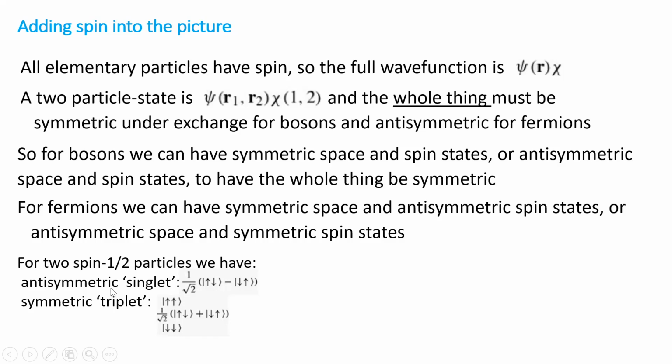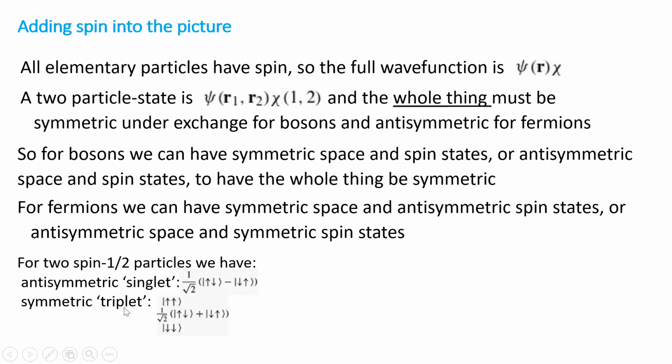There's an anti-symmetric state, which is called the singlet state, which is normalized 1/√2 times (up down for spin 1 and spin 2, minus down up for spin 1 and spin 2). So you can see if you exchange 1 and 2, this would go to negative, because this would have the opposite sign as it has right here. So that's why it's anti-symmetric.